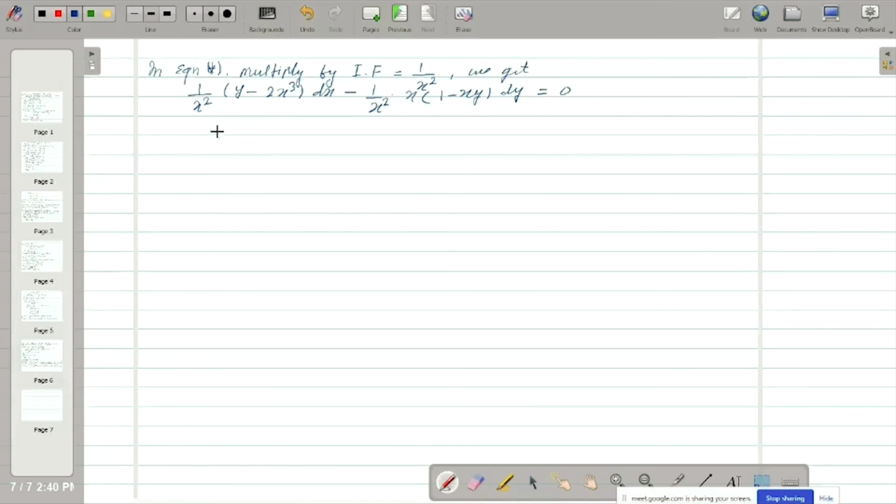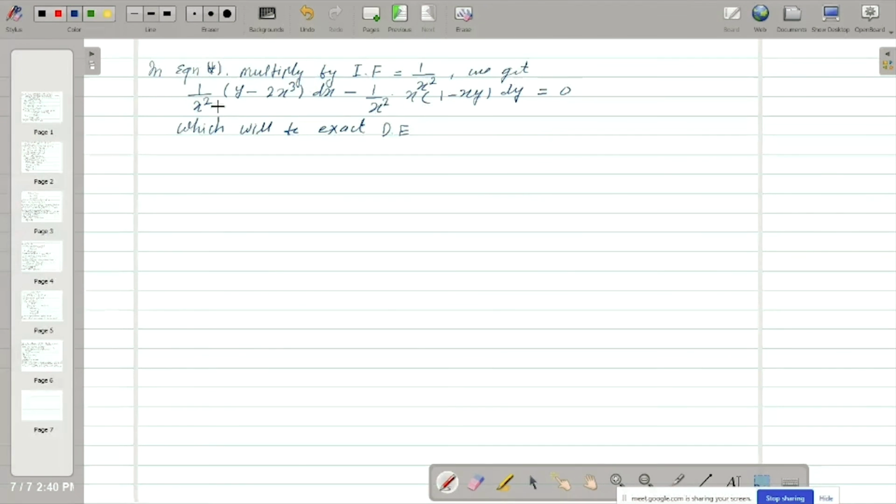And which is what? Which will be an exact differential equation. So no need to show which is exact.